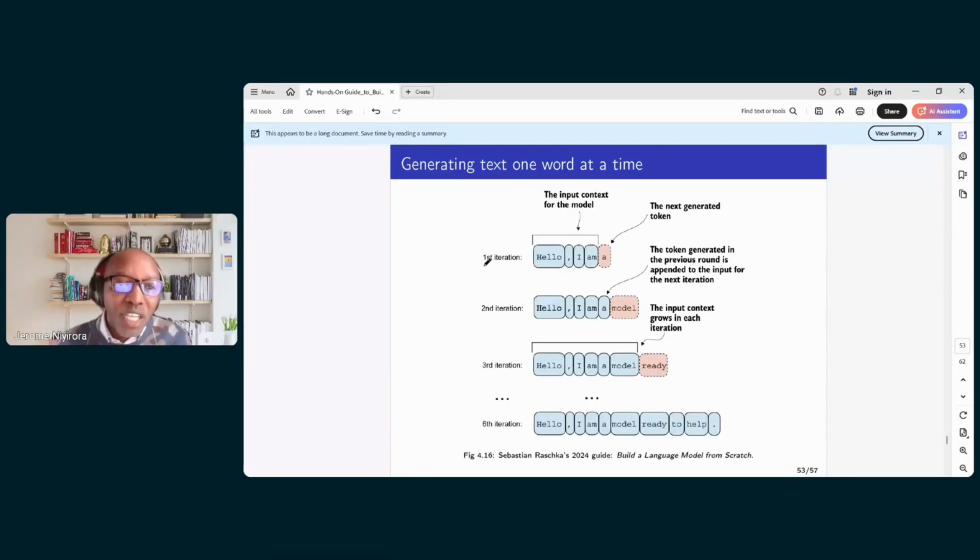So when you do the first iteration, this is a sentence that says, hello, I'm a model ready to help. This is going to be your input. This is your next token that you predict. But that becomes also your input the next time you try to predict the next word, right? So you keep the context of what the prediction is. So now this is your input, and model will be your next output.